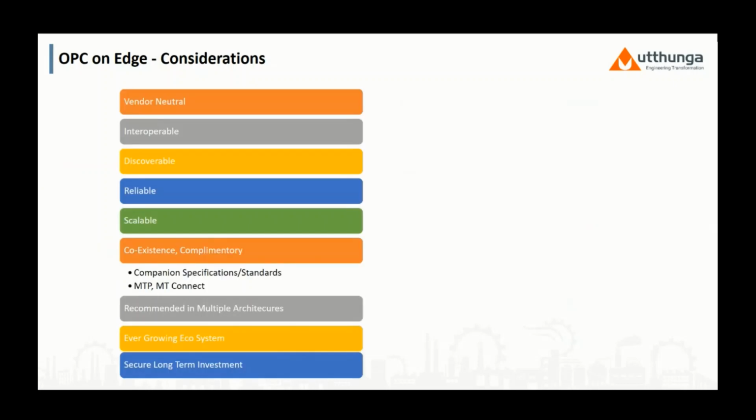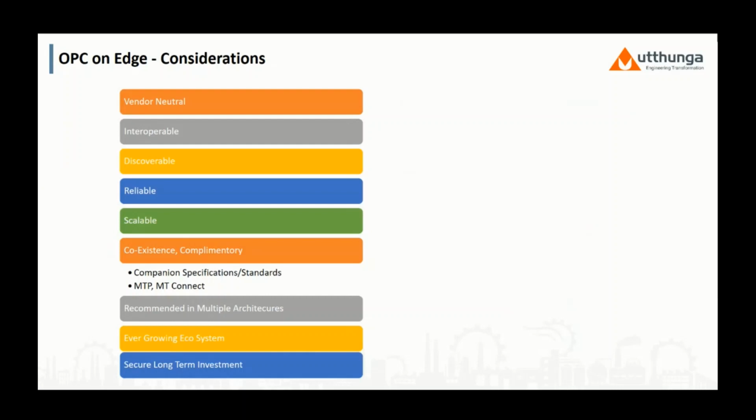So to recap, I would say OPC is a very right candidate to be on the edge, as it reduces complexity, and it brings the benefits of vendor neutrality, interoperability, and the devices are discoverable. Reliability and scalability are the fundamentals of OPC, and it has coexistence and complementarity.